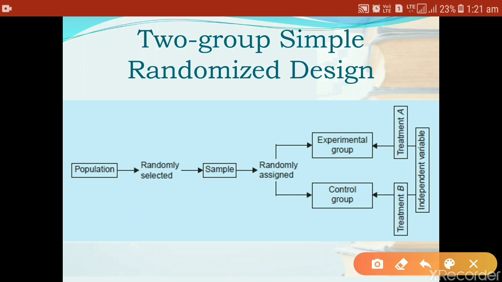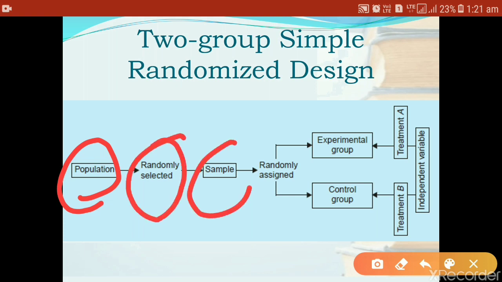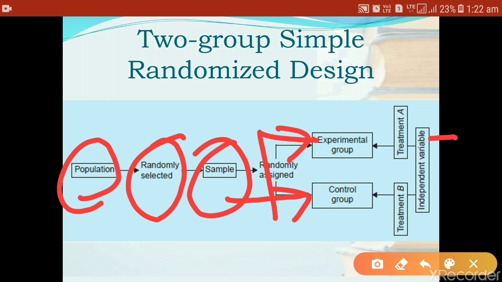So here the population is our total specimens that we have made from different lots of the aggregates. Then we have randomly selected the sample and randomly assigned them different treatments, or we can say we have randomly taken them for control group and experimental group. And then the different treatments, for example, different treatments of the admixture or cementitious supplements.